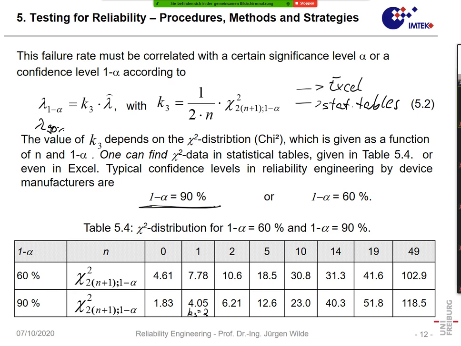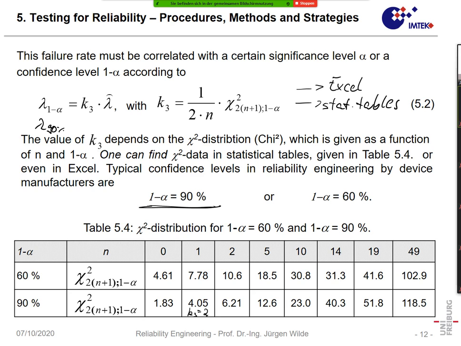On the other hand, when you have more and more failures in your investigation, first of all, that's not good because the failure rate generally will be higher, but on the other hand, your statistical confidence will be better.